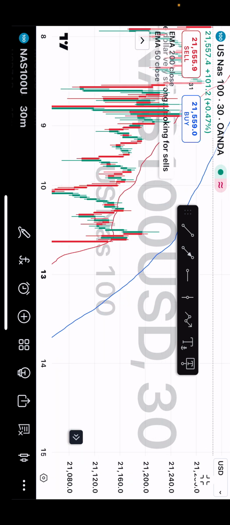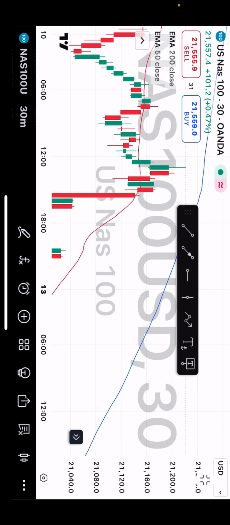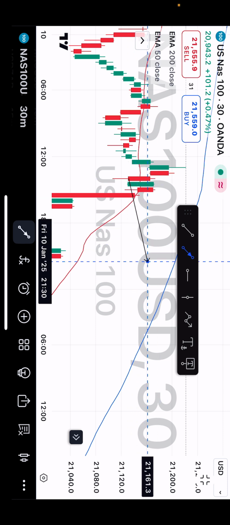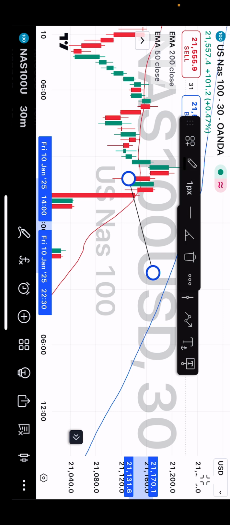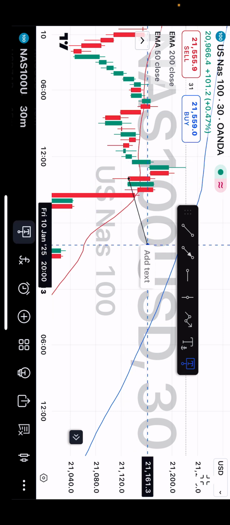Then I remember we got the entry right before NFP. So the entry was 1, 2 on the third candlestick. You enter. You also check the companies, and the companies here were corresponding.